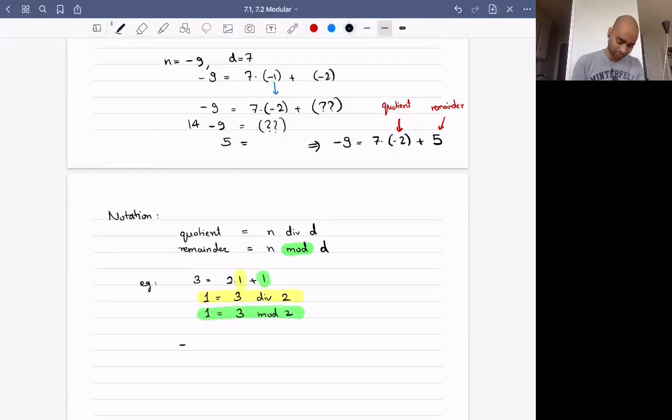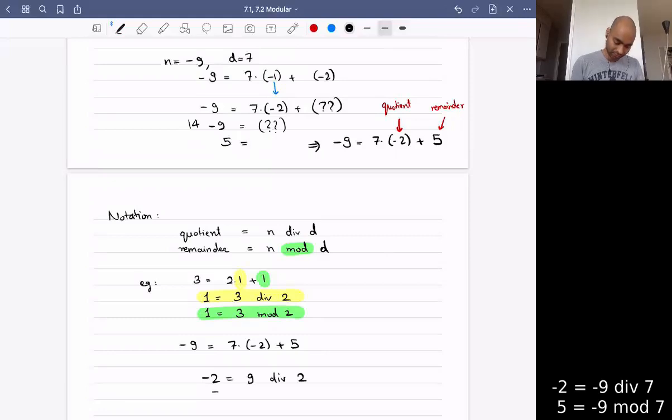In the example where we had -9 is 7 times -2 plus 5, I'll get -2 is equal to -9 div 7, and 5 is equal to -9 mod 7. And again, div is the quotient, and mod is the remainder.